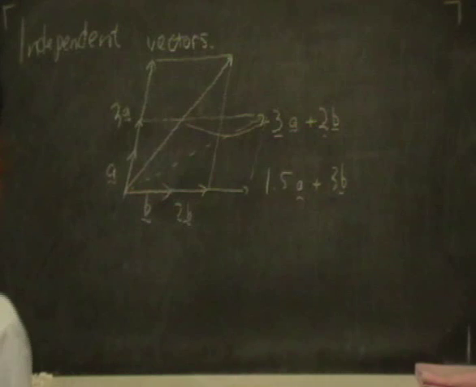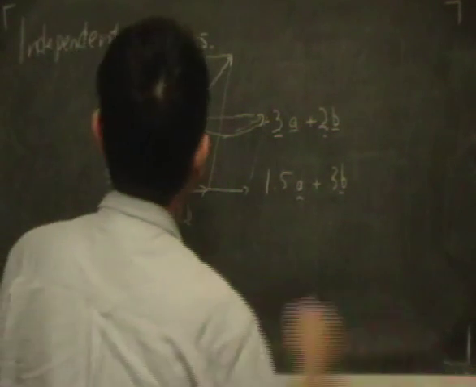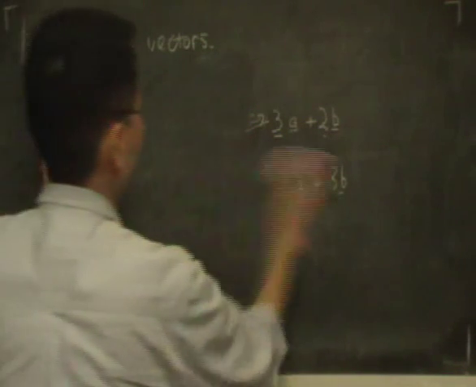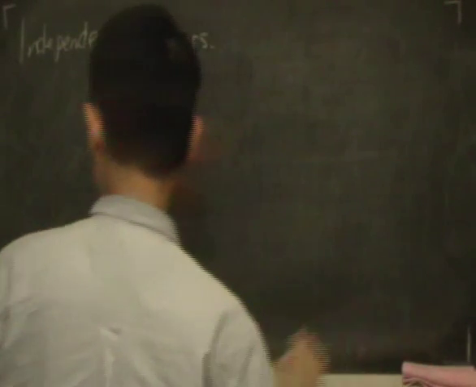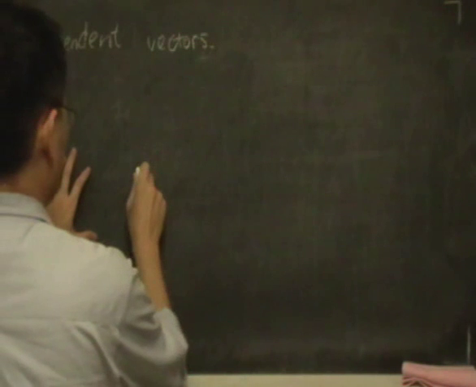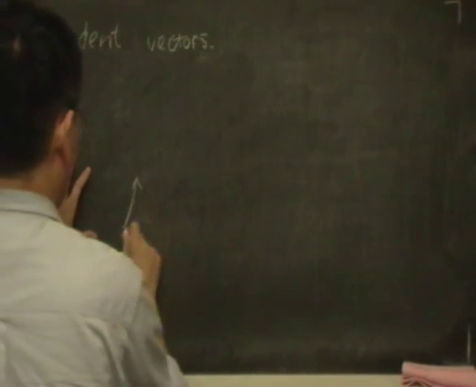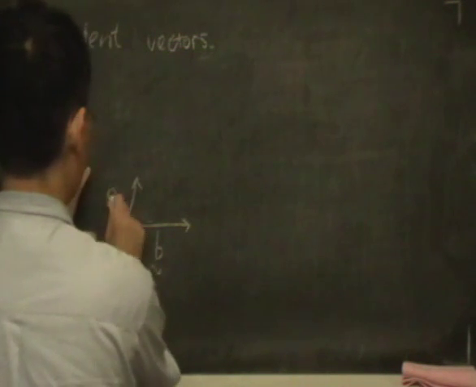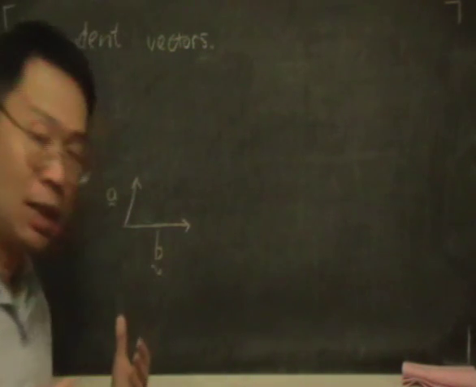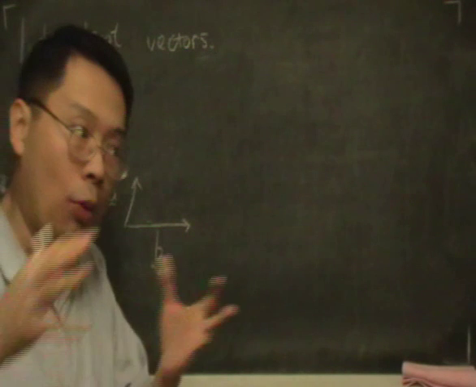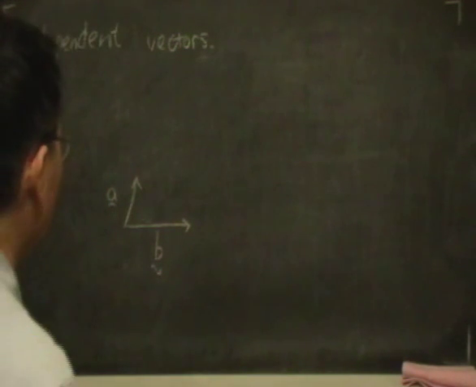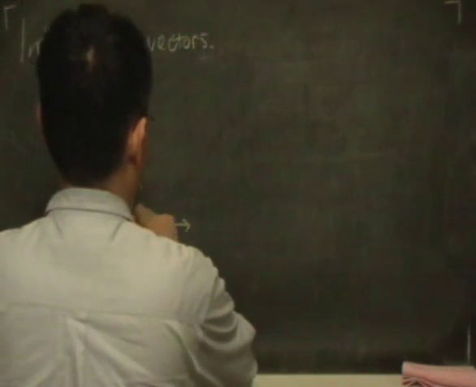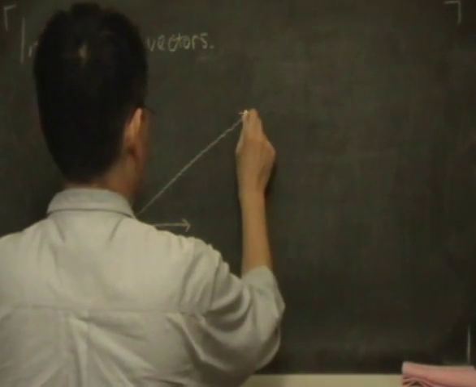So what does that really mean? Right, let me clean this away. I can think of it in this way. Starting from A and B again, now let's think about it in the opposite way. Suppose that I have a certain vector like that.